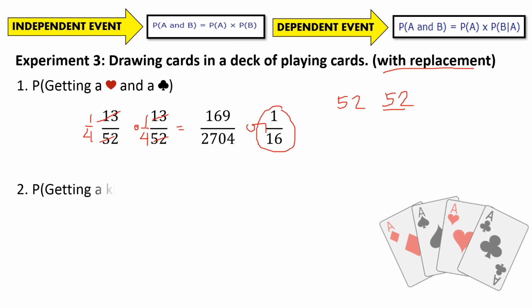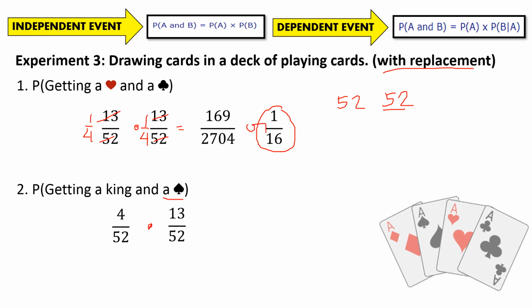Number 2. Probability of getting a king and a spade. The number of kings that we have is 4, so we have 4 over 52. Again, keep in mind that experiment number 3 is independent, therefore it will still be over 52. So 13 over 52 because we have 13 spades.